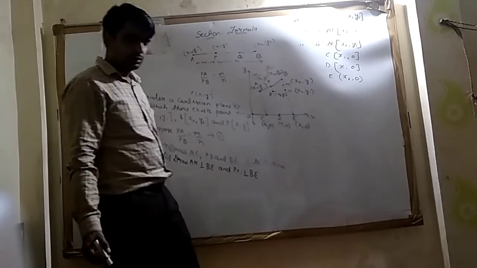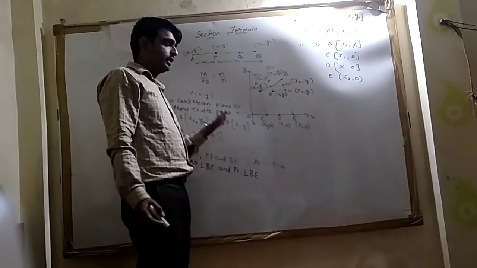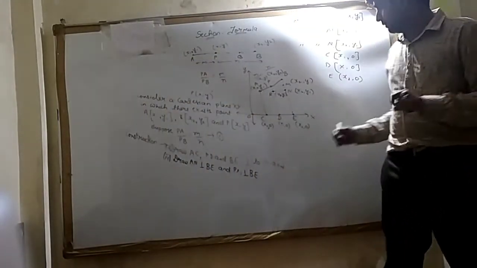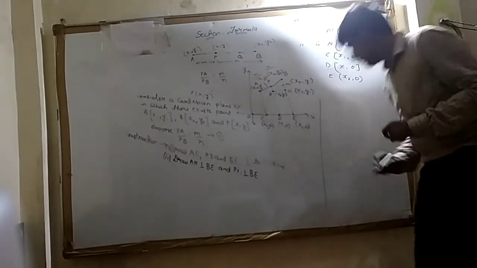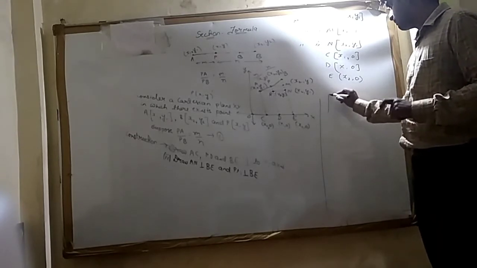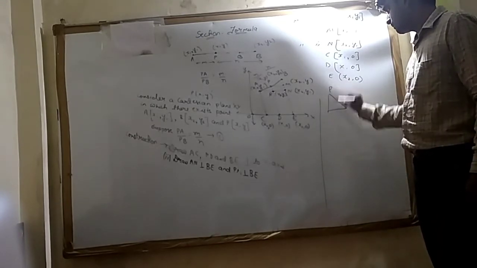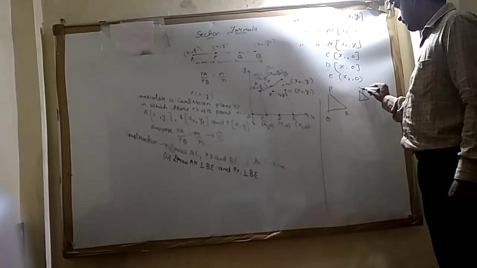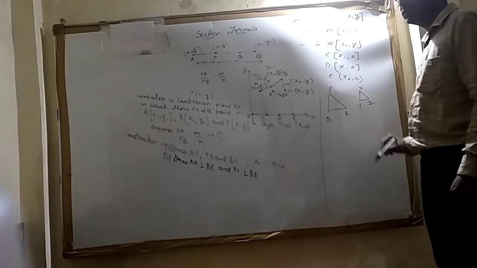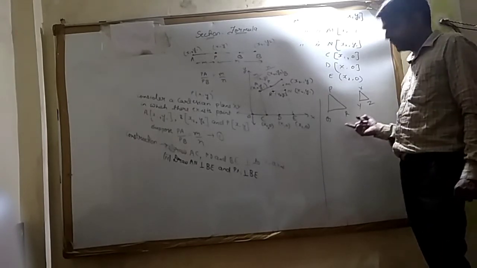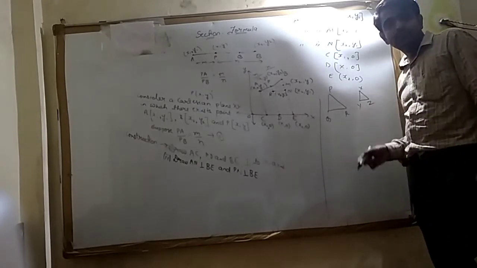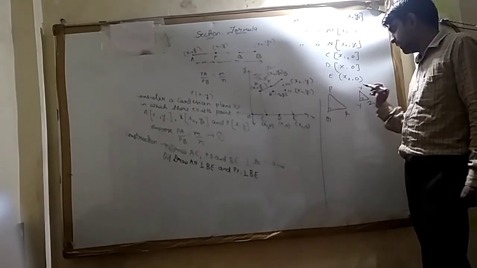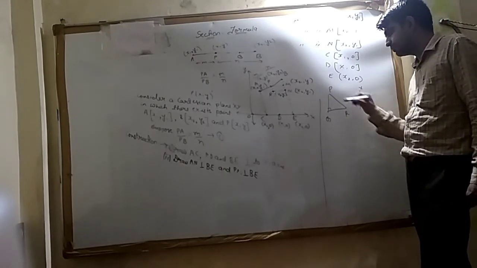Now before proceeding further, let's see one thing. Suppose there are two triangles PQR and XYZ such that two angles of the triangles are same.